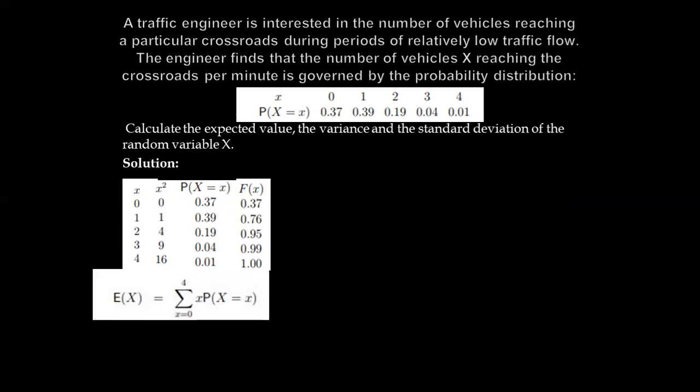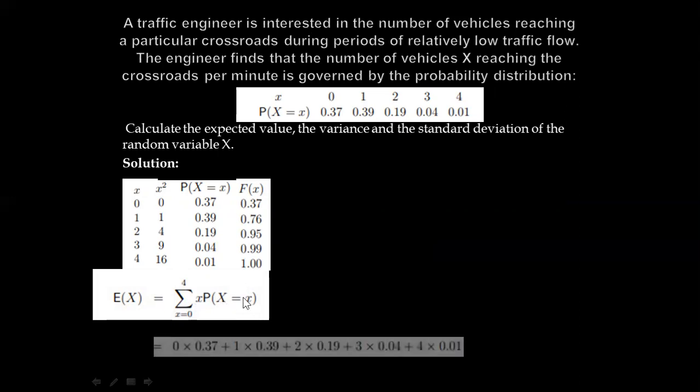To solve now for the expected value, this gives us the summation of x multiplied by the probability of the discrete variable x equal to x.